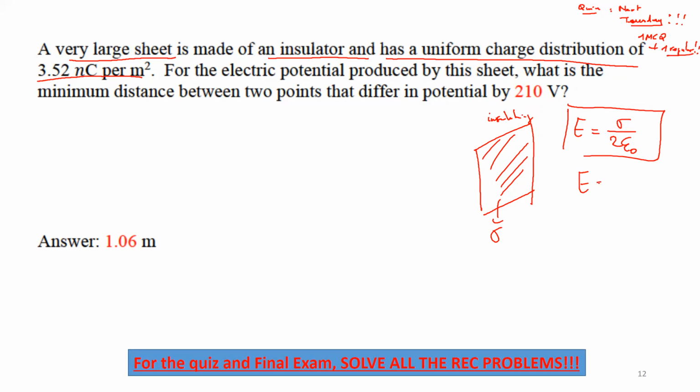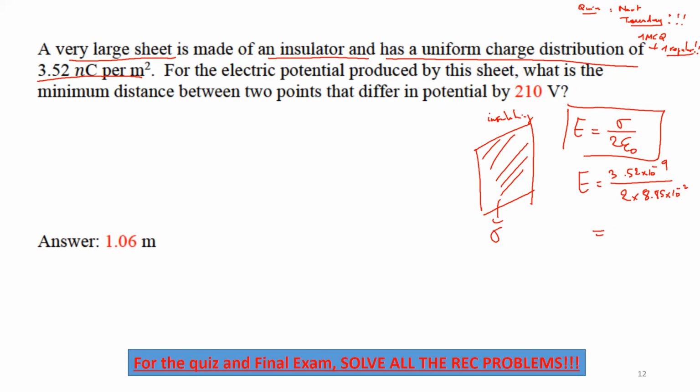Sigma is 3.52 nanocoulomb, so 10 to the power minus 9 coulomb per meter square, divided by 2 times epsilon naught, which is 8.85 times 10 to the power minus 12.